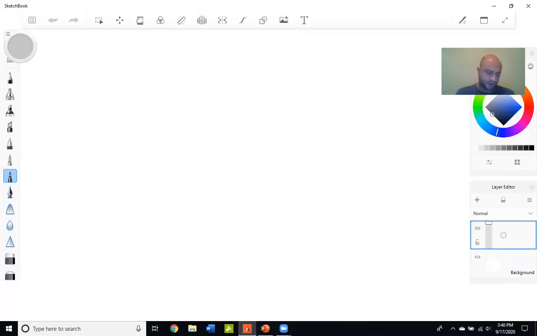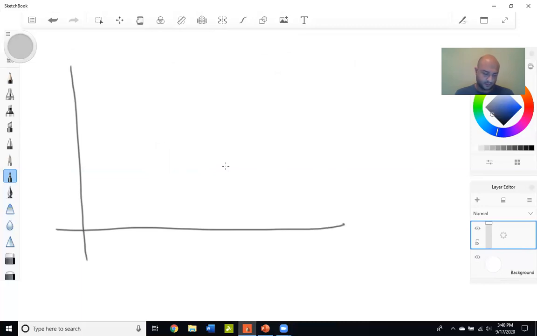Now let's find the equilibrium point. You have your 2 curves.